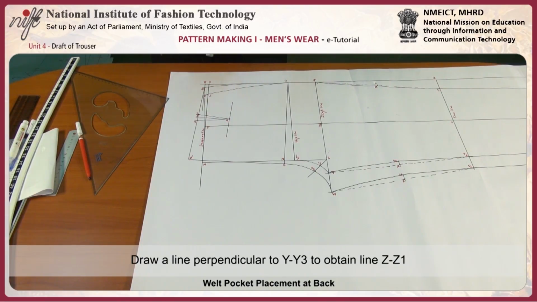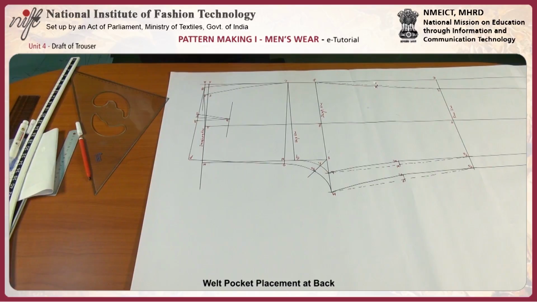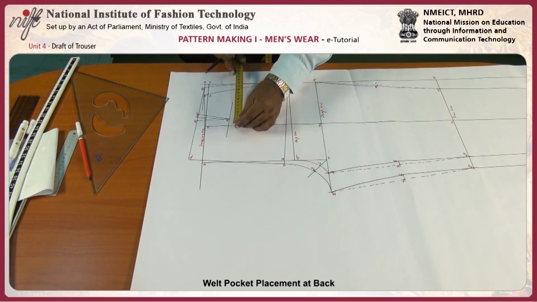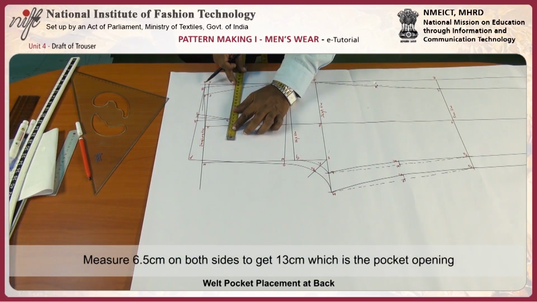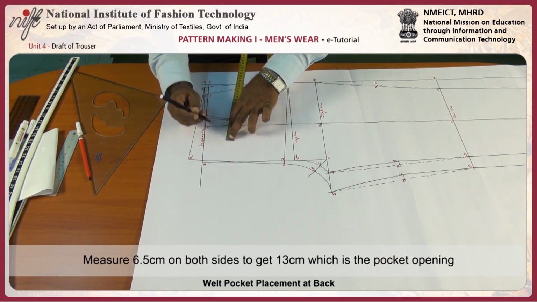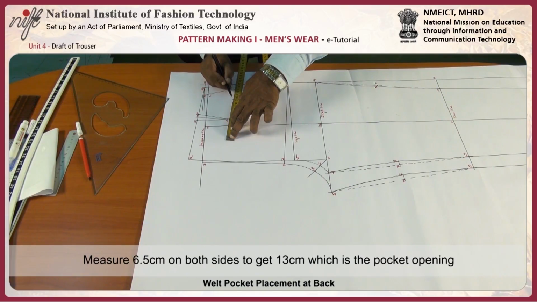To obtain Z and Z1, measure 6.5 centimeter on both sides, so that total will be 13 centimeter, which is pocket opening.